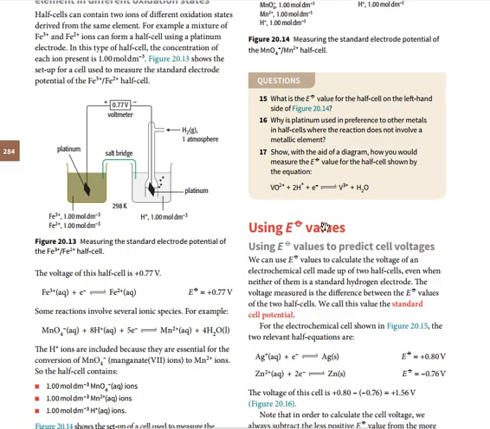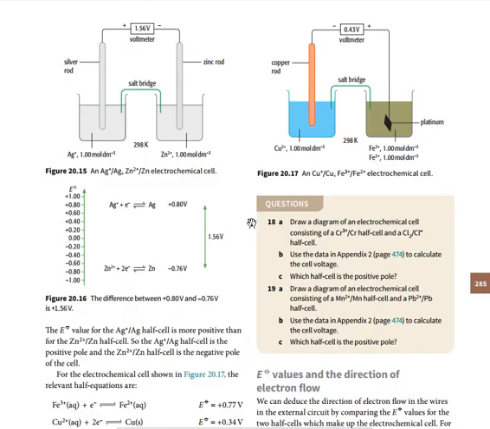So now the next one is using the standard electric potential to predict the cell voltage. In order to calculate the electric cell voltage, or the EMF of a cell, you are going to do the EMF of the right hand side minus the EMF of the left hand side.